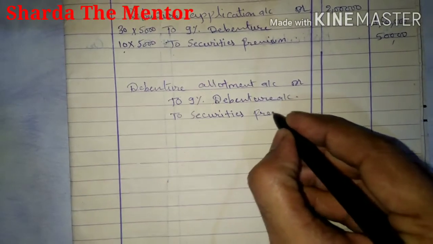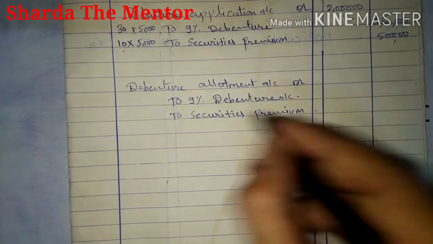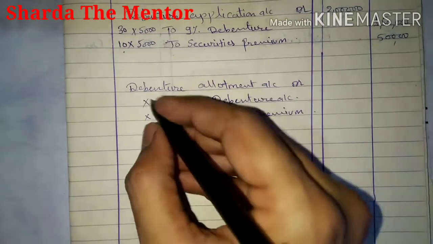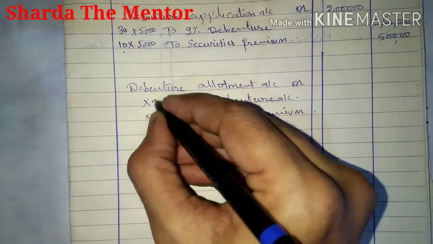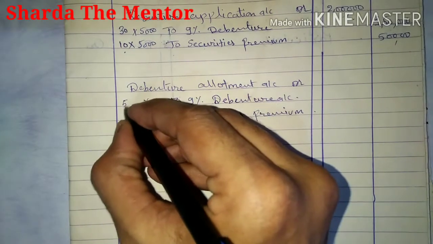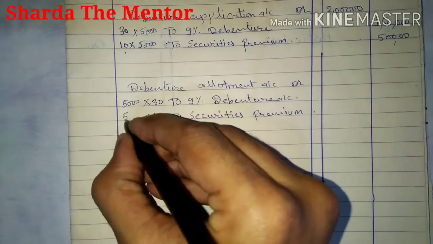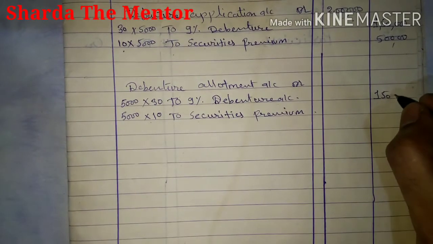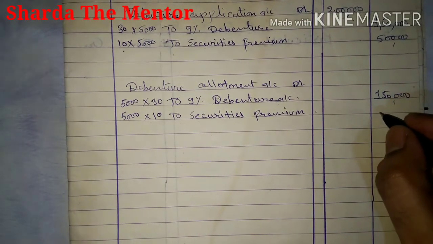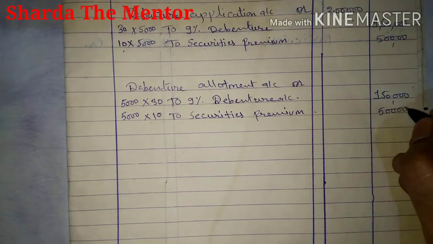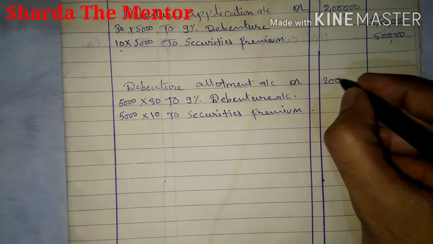Again the same amount is there: 10 rupees premium at the time of allotment on securities premium, and 30 here. All multiplied by 5,000, so that will be the same amount as I mentioned in the application. That will be 50,000, so the total amount is 2 lakh.